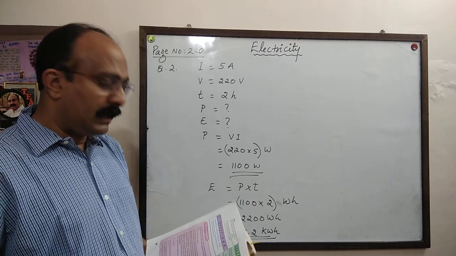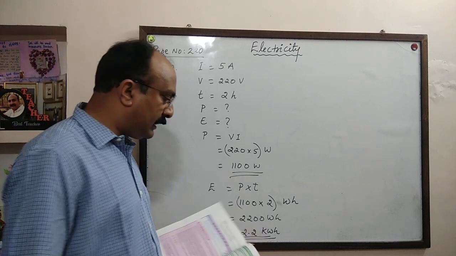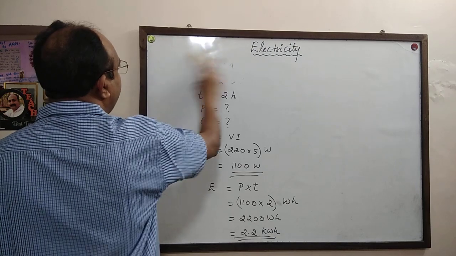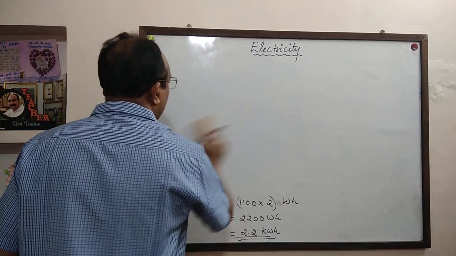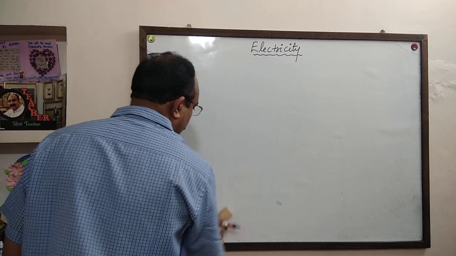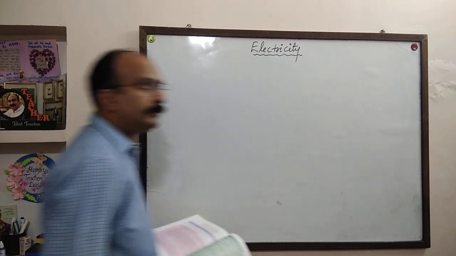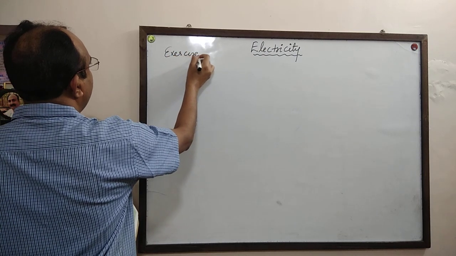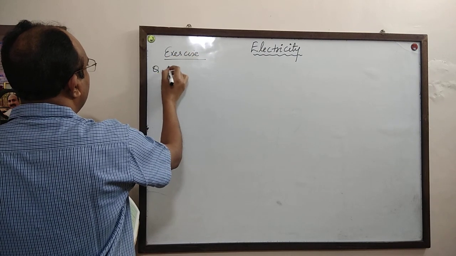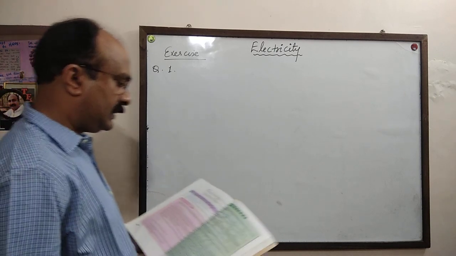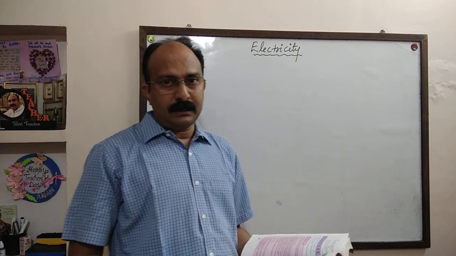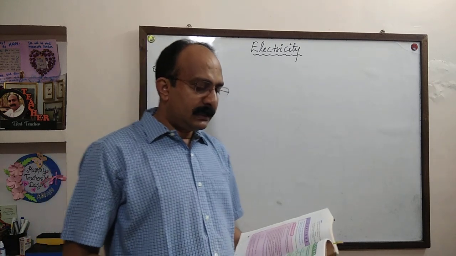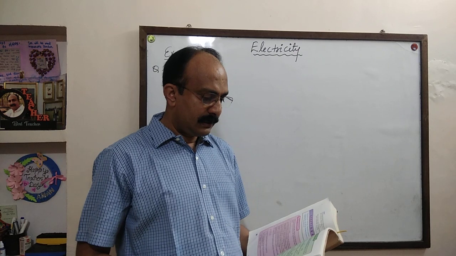Now we are into the exercise questions. NCERT exercise question number 1. A piece of wire of resistance R, capital R, is cut into 5 equal parts.